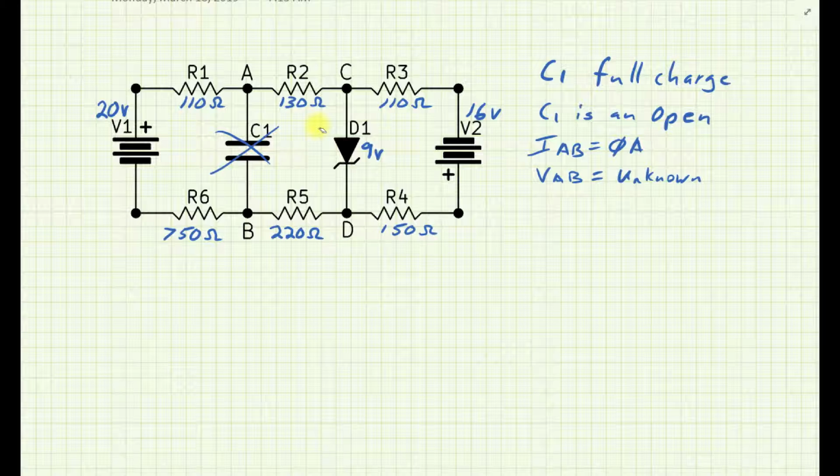So for now, I'm going to treat that as an open until I know what the rest of the circuit is providing for it and what it sees, and will it bias either forward or reverse, or will it just sit there and remain an open.